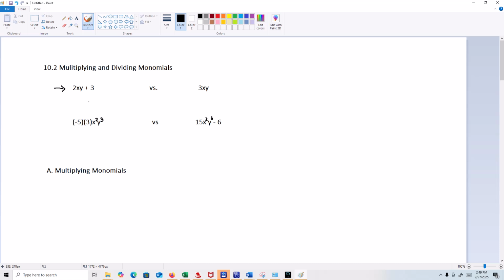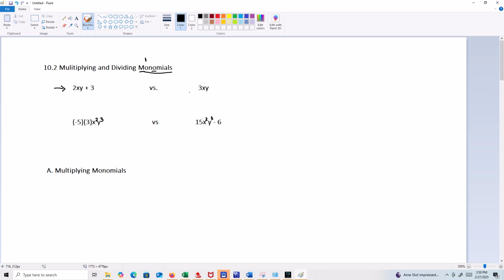The first thing we need to make sure is that we know what a monomial is. If you see that mono, think 1, the number 1. So we have 2xy plus 3 versus 3xy. Which of those is the monomial?